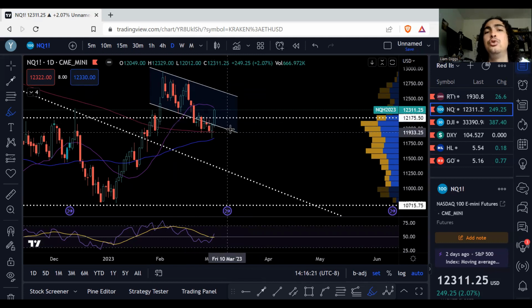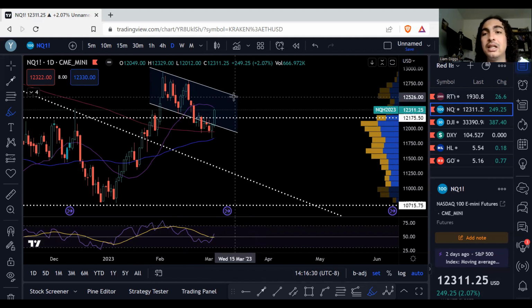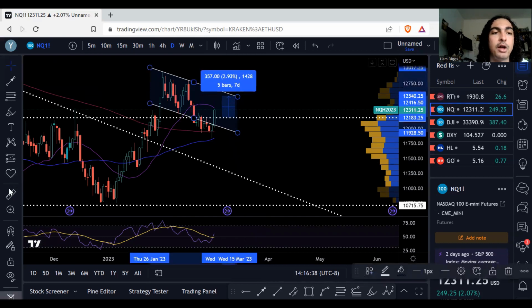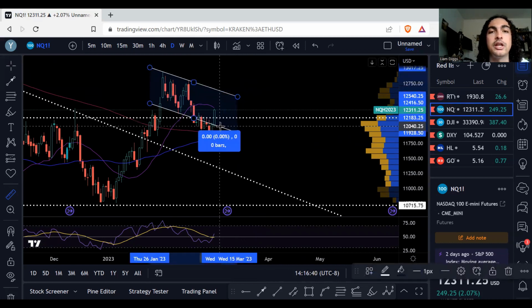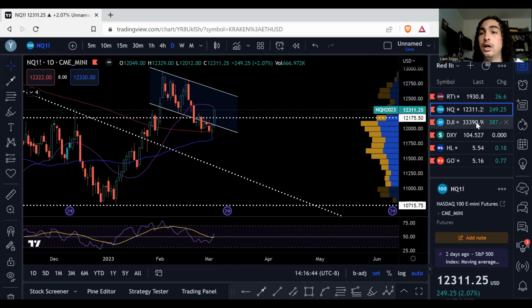I think that if we do find the bottom of our channel or this support line at 12,175, I think that you could take a pretty nice scalp or even a swing trade back up to the top of this channel, which would take you for somewhere between about 3% or potentially even about 4.5%.